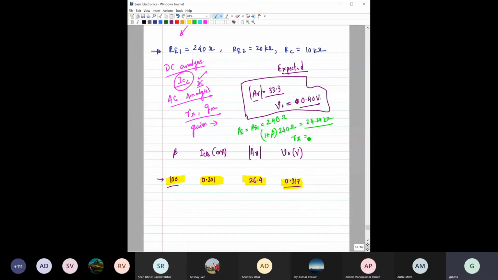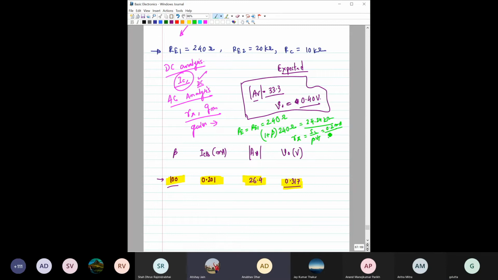What is the value of R pi? How can you find the value of R pi? Beta VT by IC. So what is the value of IC? 0.2, this is milliamps, right? Yes, beta VT by IC.